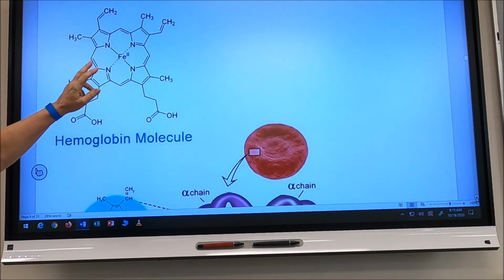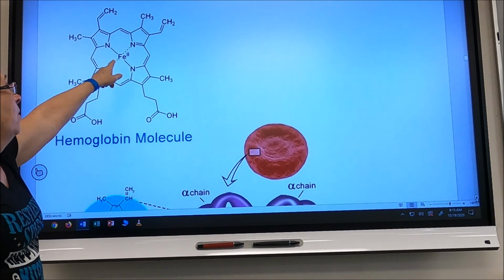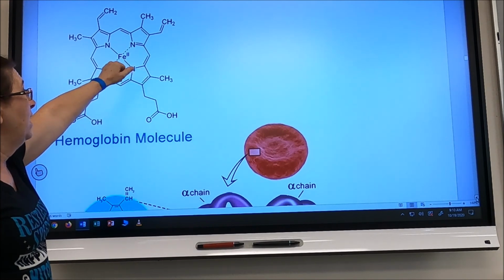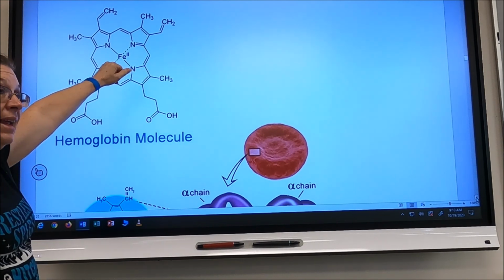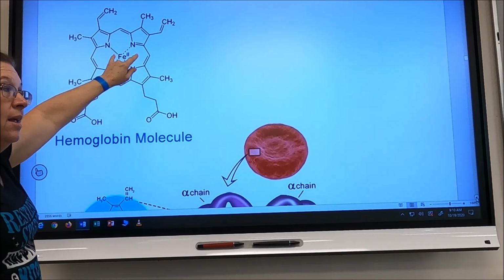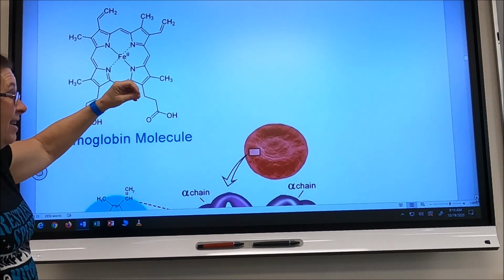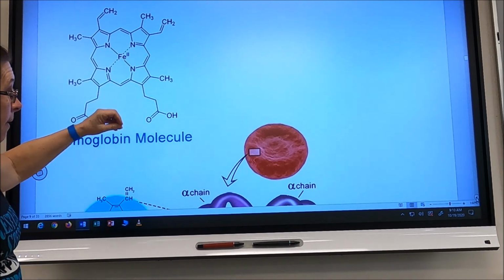That's why something like carbon monoxide poisoning happens. The carbon monoxide molecule is polar. When it comes up close to the ion, the iron 2+, it interacts through an ion dipole interaction and it sticks better. Okay?